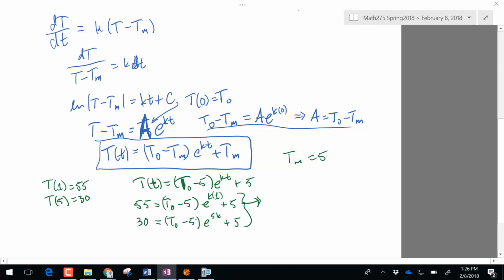So subtract the 5 from both of them. So 50 is equal to (T naught minus 5) e to the k, and then 25 equals (T naught minus 5) e to the 5k. And then just eliminate the T naught minus 5.